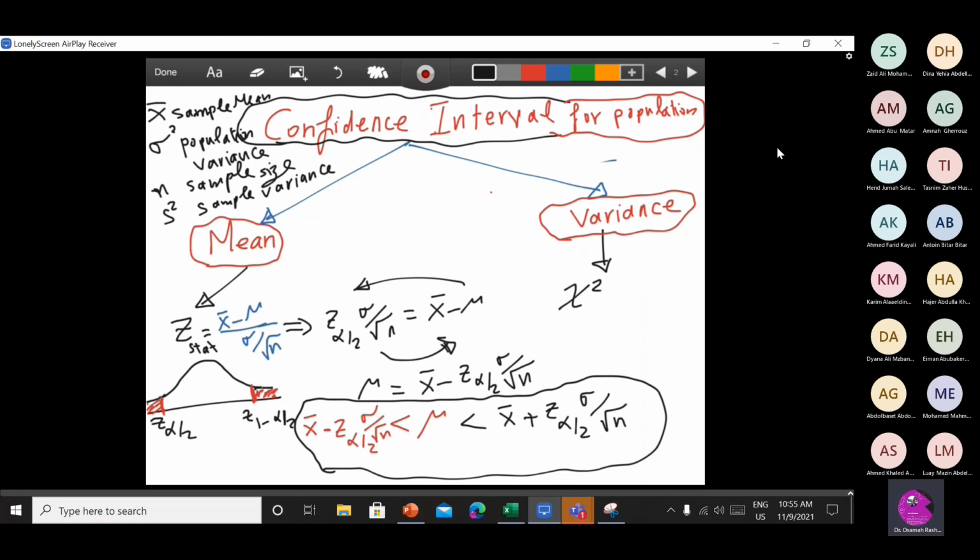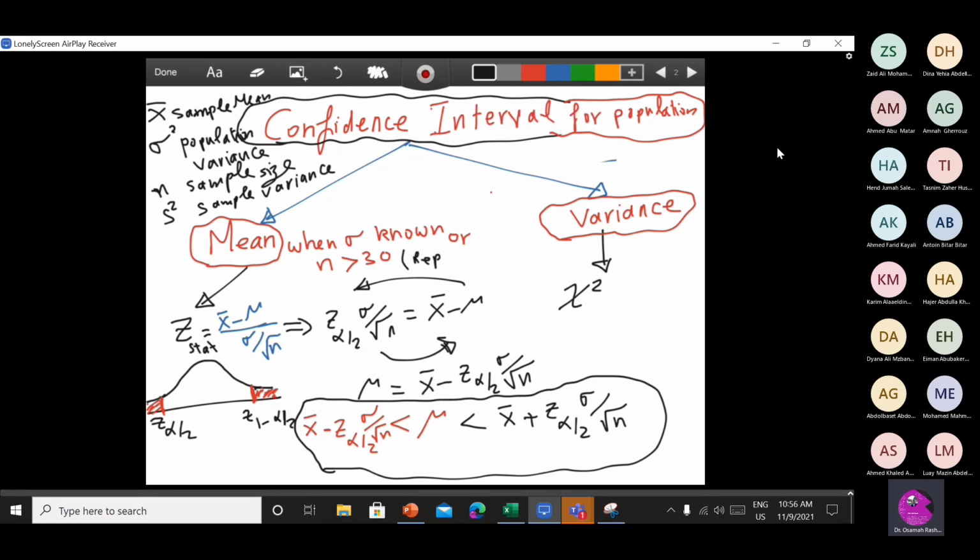When I'm using Z. So you're using Z when what? Yes, when sigma is known, right? Or what? Or the sample size is bigger than 30. When n is bigger than 30, you do what?